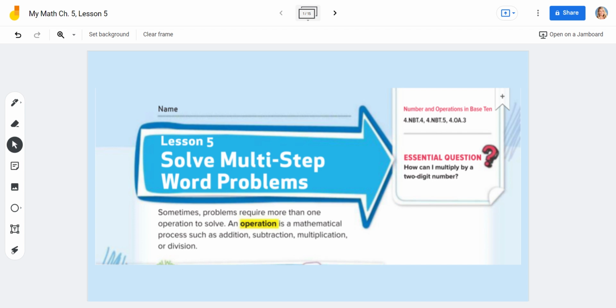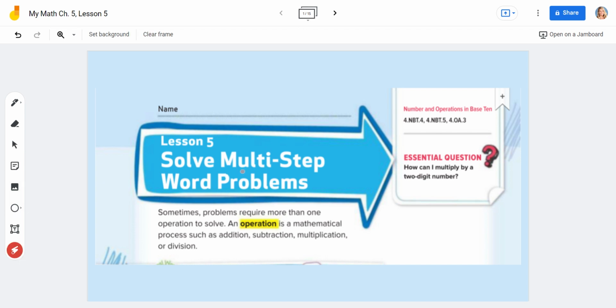So today's lesson is on solving multi-step word problems, and we've really done this before. It's just now we're including two-digit by two-digit multiplication possibly in here, and also maybe some basic division too. So remember, multi step means more than one step.